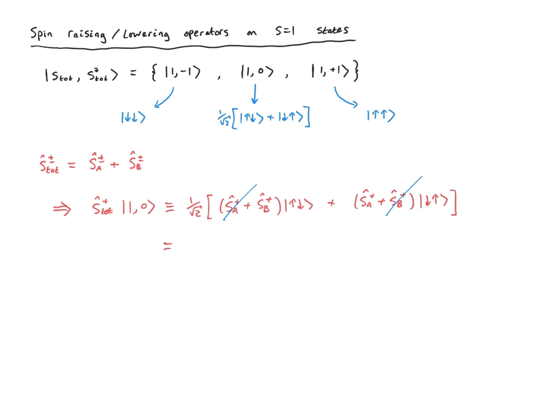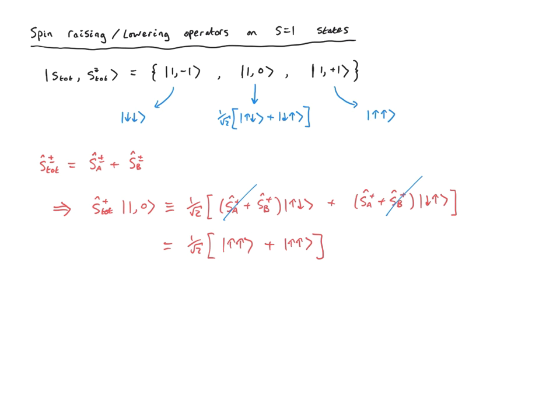This, therefore, gives us 1 over root 2 of the term SB plus acting on the up-down state, which gives us the up-up state, and SA plus acting on the down-up state, which again gives us the up-up state.